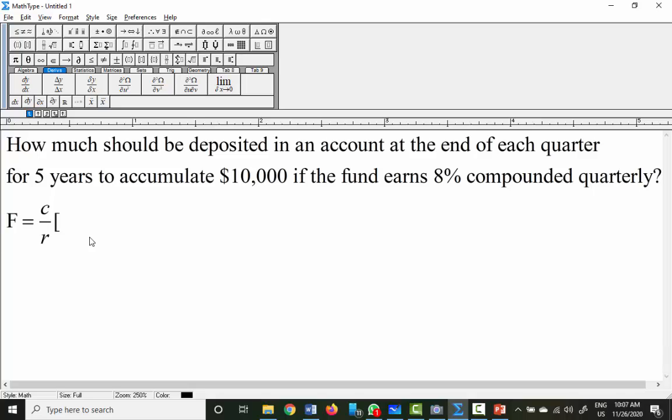So what is the future value of annuity formula? This is the future value of annuity formula.